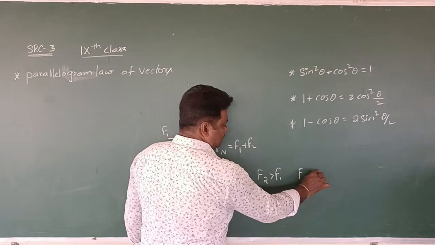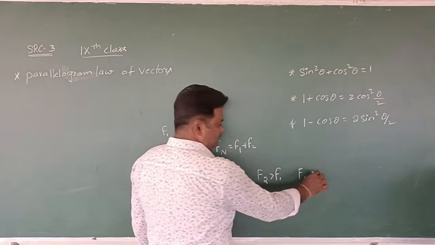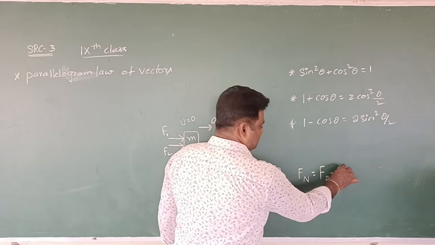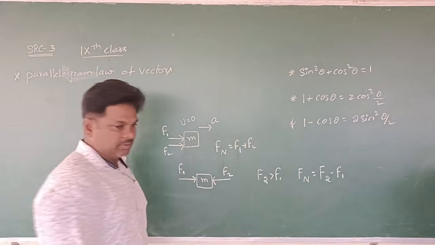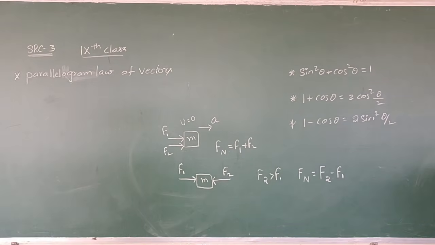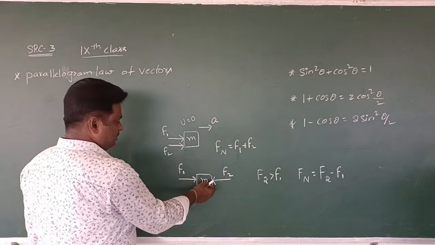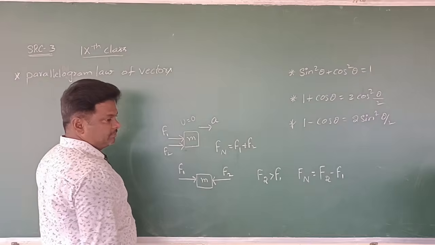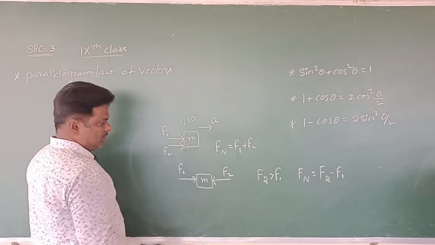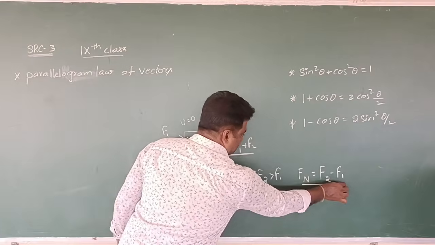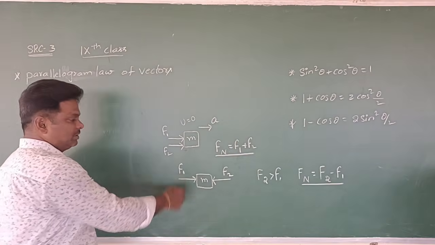Net force is equal to the difference between these two forces, I mean F2 minus F1. When forces are parallel to one another, like this, or anti-parallel to one another, like this, you will get a net force, or a resultant force, acting on these blocks.